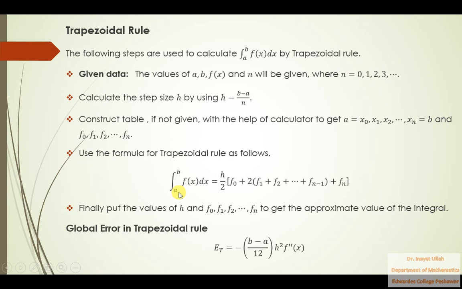This error ET will be calculated by the formula minus b minus a, upper limit minus lower limit, divided by 12, multiplied by h square into f double prime x. So put the values of a, b, h and f double prime in this formula to get the required error in the trapezoidal rule.